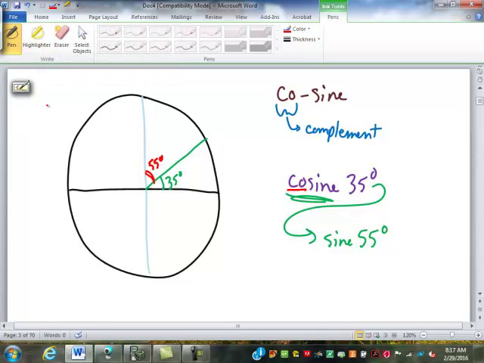Instead of using this horizontal diameter as my reference diameter, I'm going to use this one now, because I want the complementary angle. And the complementary angle goes up to the vertical instead of the horizontal. This is the complement of that. Always, no matter what this angle is, this angle will be its complement because it's 90 degrees. So the cosine is the sine of the complement, or this length right here. That's the cosine. Does that make sense?